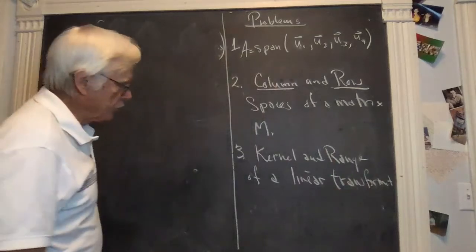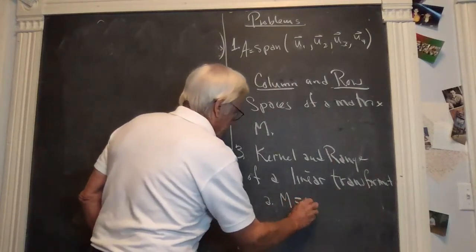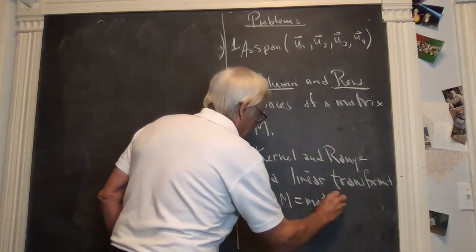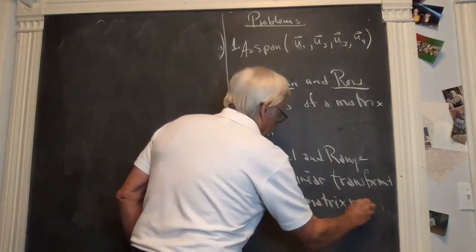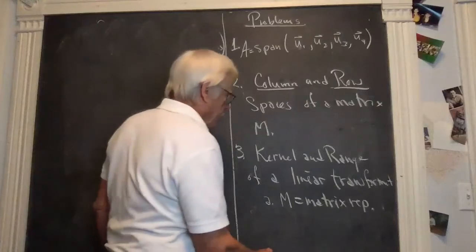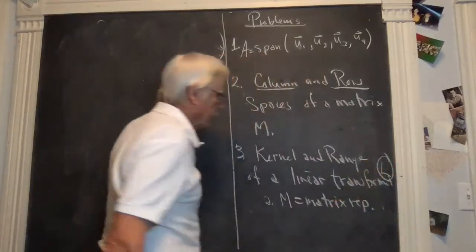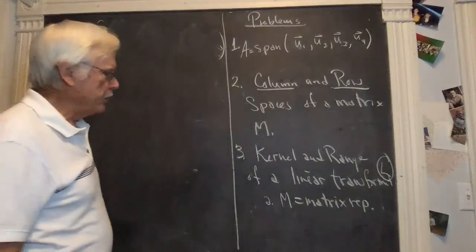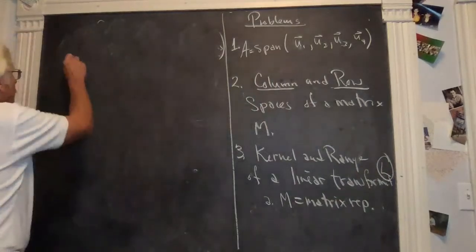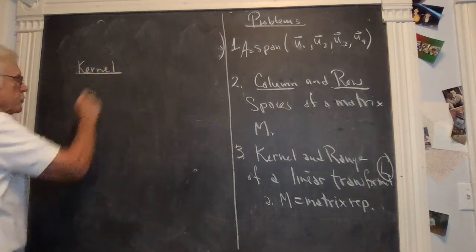Now, to do this, the first step is to find the matrix representation. So find the matrix representing this linear transformation. I'll call the linear transformation L. But find the matrix representation. Once you do, then it's not too bad if you keep your wits about you.